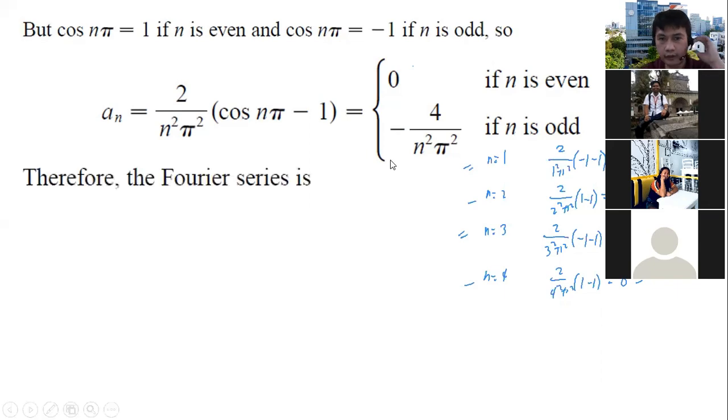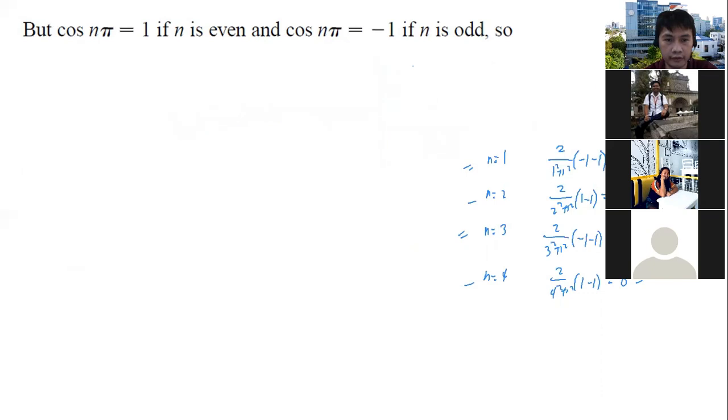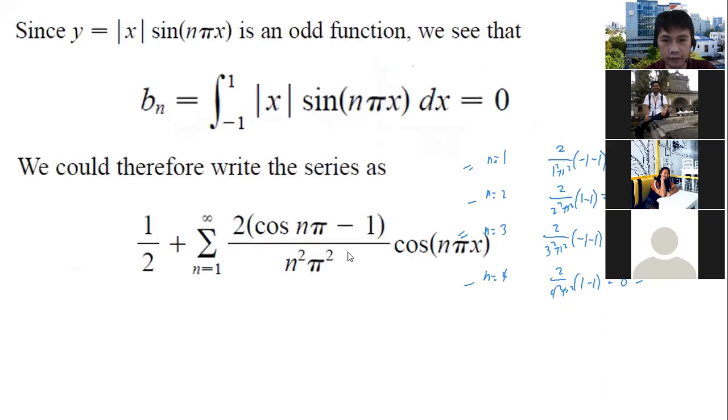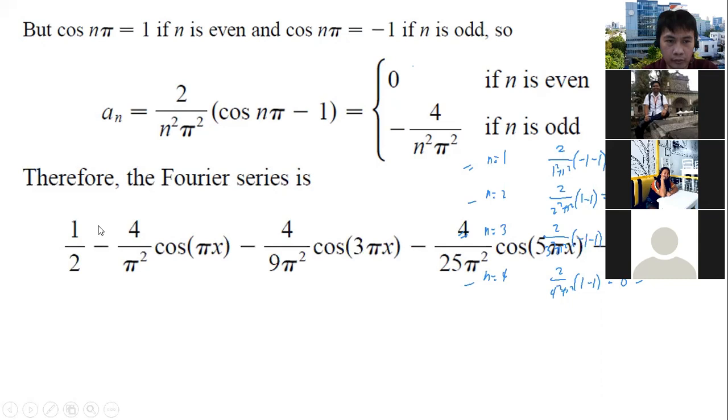Okay, so therefore we can rewrite the Fourier series in this form. Kasi kanina, yung form natin is ito. We can further simplify this a sub n as yung kanina, either 0 or negative 4 over n squared pi squared. So 1 half yung value ng a sub naught. Then if n is equal to 1, n is considered an odd number.